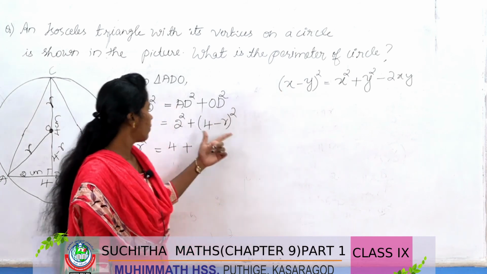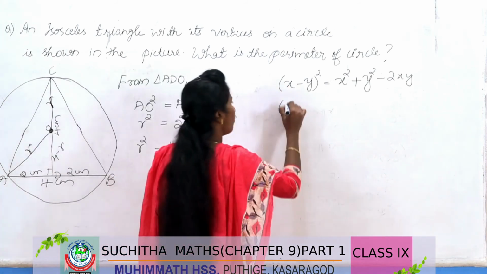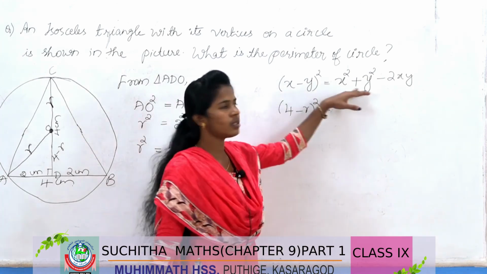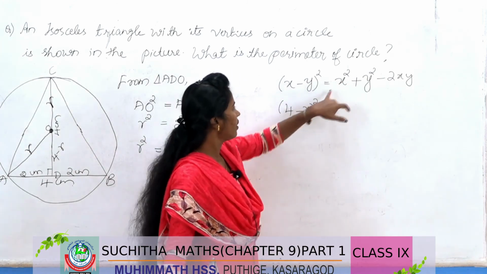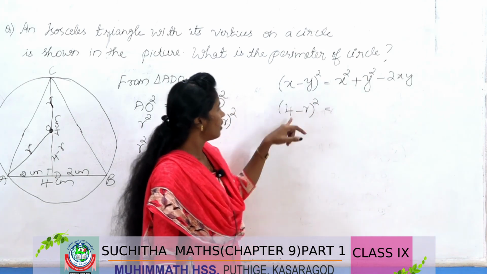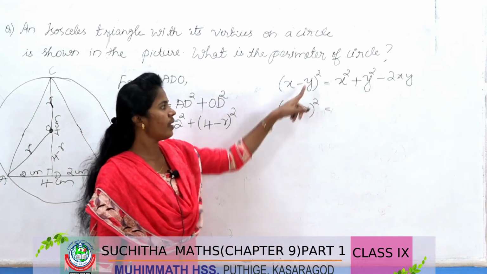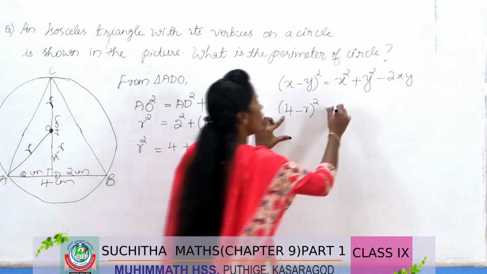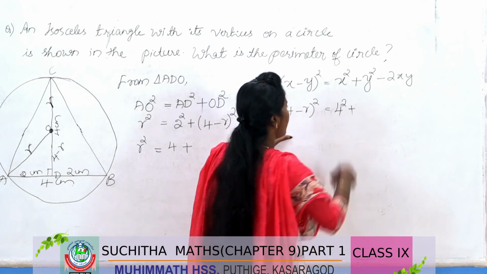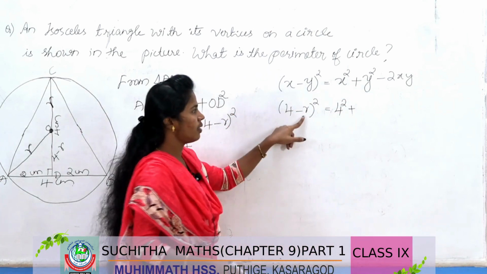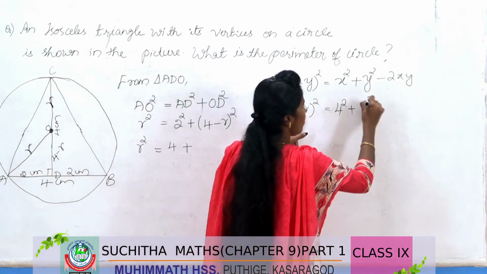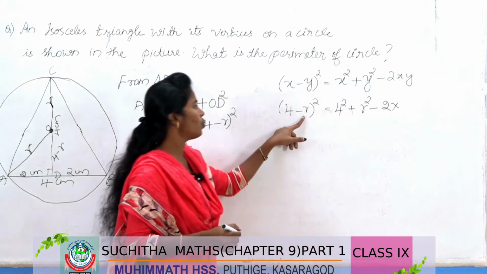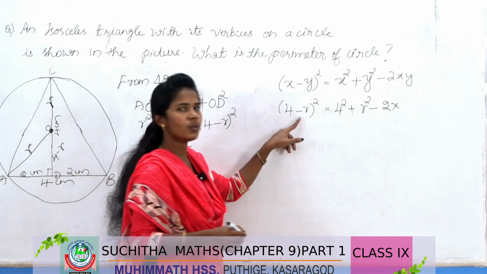Now, what is 4 minus r whole square? Expand by using this equation. Here x is 4, y is r. That is x square, 4 square, plus y square, r square, minus 2 into x into y, that is 2 into 4 into r.